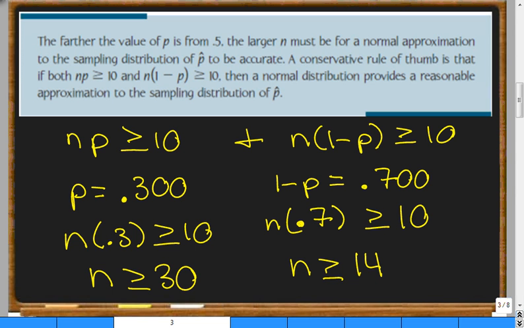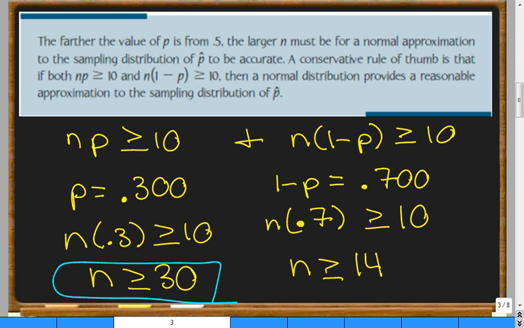These two have to work together. One includes every number from 14 up, the other includes every number from 30 up, and they have to combine together. So for a baseball player who hits .300, in order for us to use the normal distribution to approximate things for that particular player, we would need at least 30 at-bats.